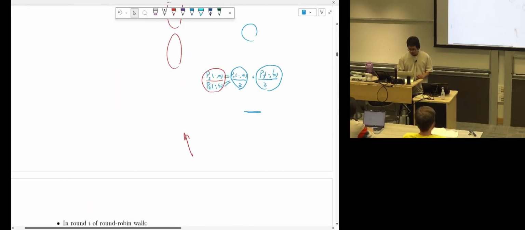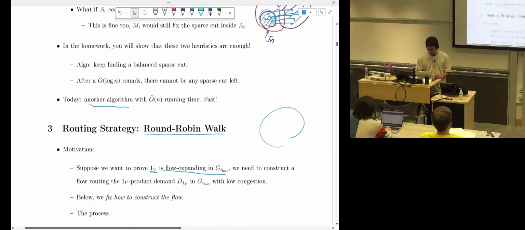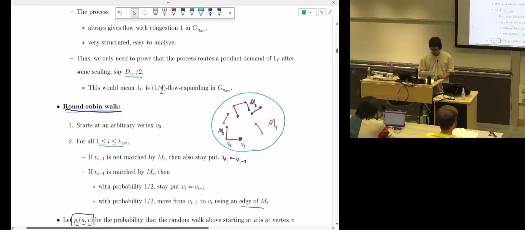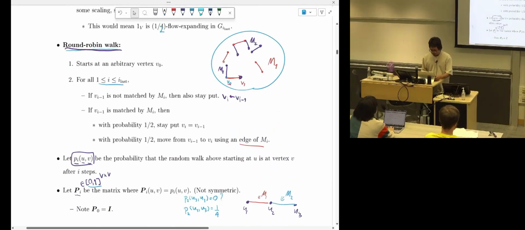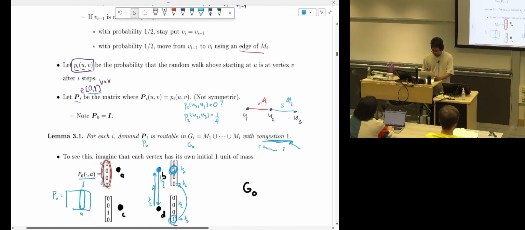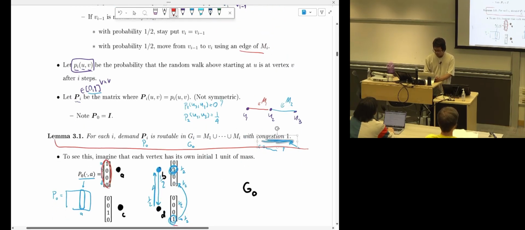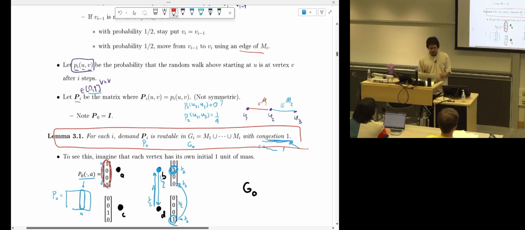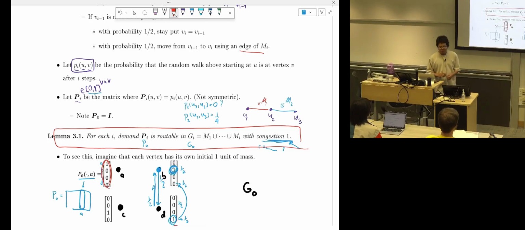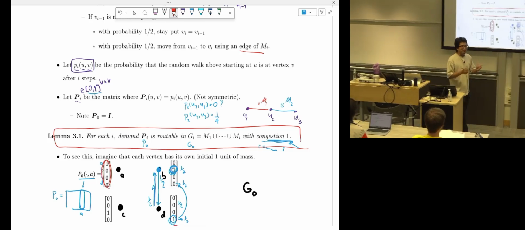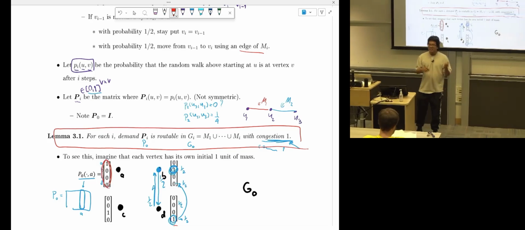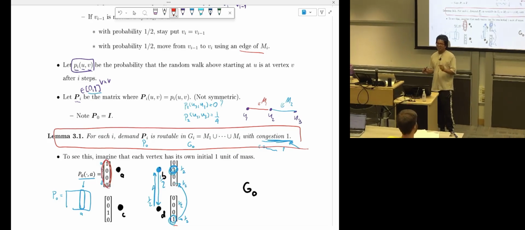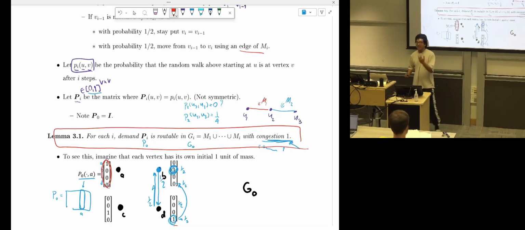Okay, so I hope you are convinced that this round-robin walk will route some demand Pi in Gi with congestion 1. So if we can force Pi to be a product demand, then we would be done.